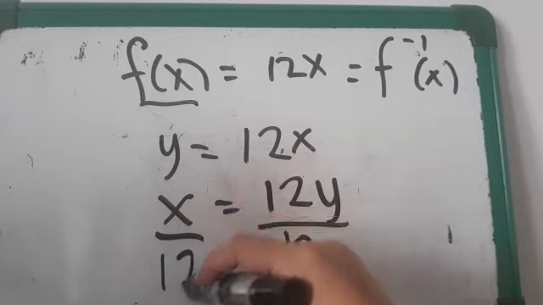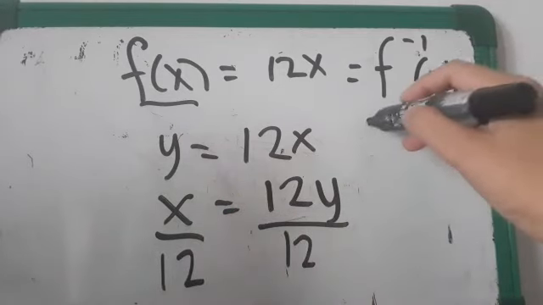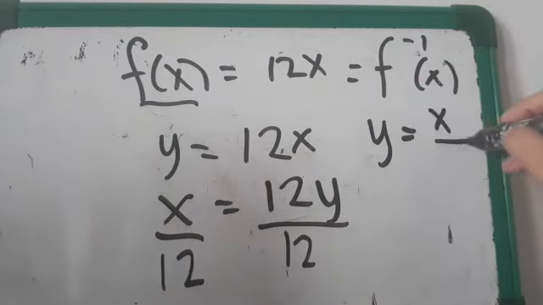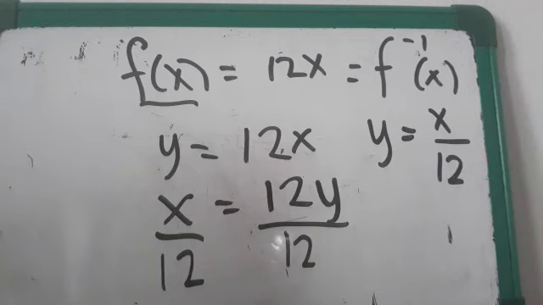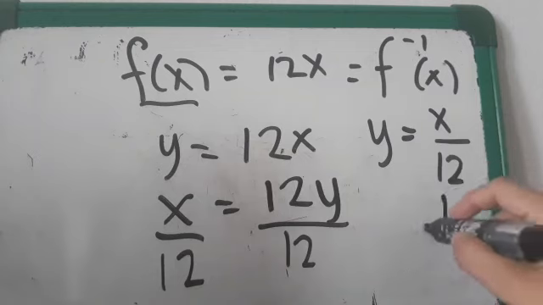Divide both sides by 12. So, y is equal to x over 12. Ngayon, tignan natin ngayon yung mga given kung alin ang magsasatisfy. Sa letter A, if x is 1, the f of x is 12. Tama ba yon? Hindi, di ba? Kasi, pag nilagyan natin to ng 1, magiging 1 over 12.